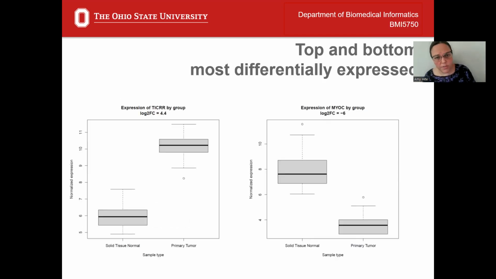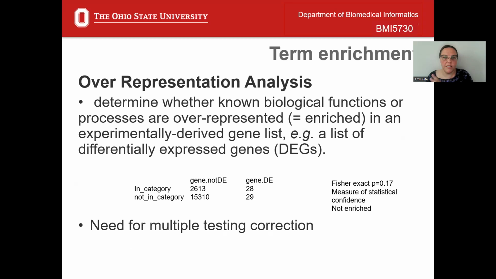Okay, so now that we've formatted our data, we've put it in our differential expression analysis, and we've looked at the plots that allow us to understand how well this differential expression analysis went, we want to know, do these genes that seem to be differentially expressed tell us anything about biology?